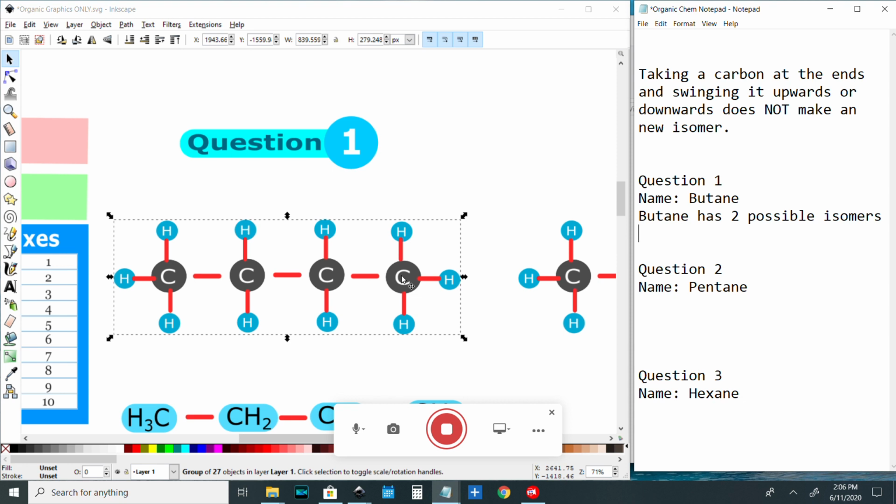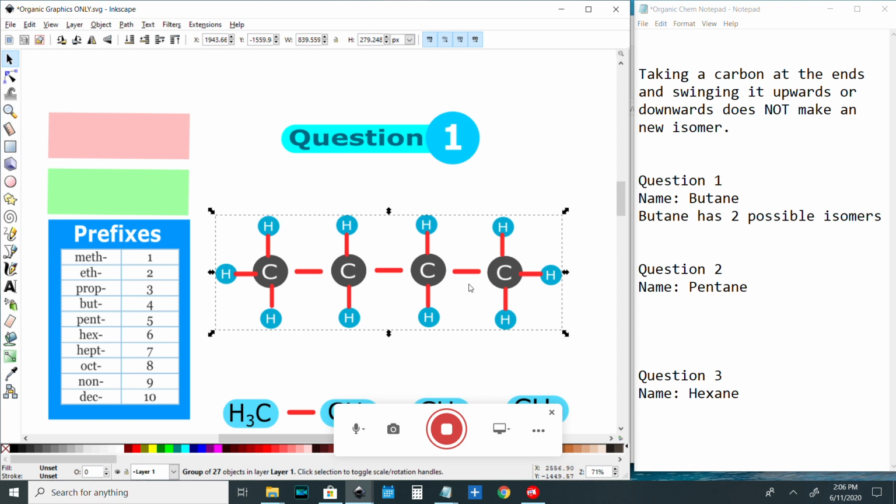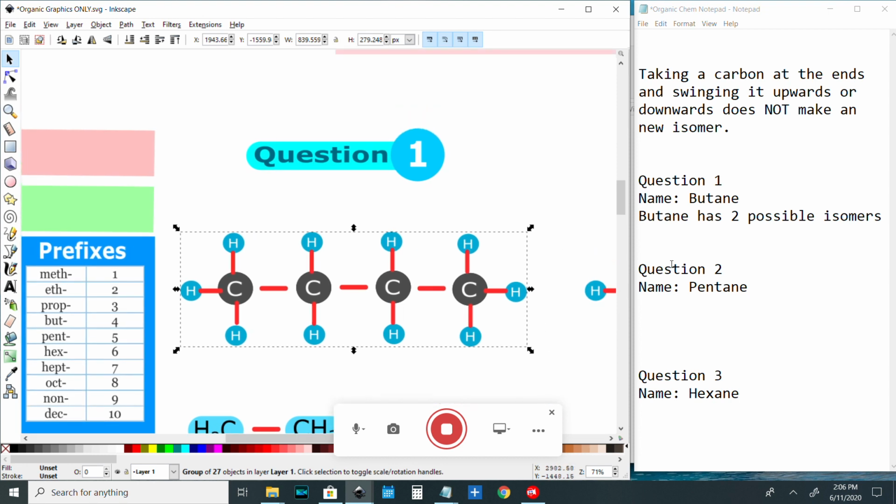So it's a smooth forward walk from the first to the last. And it has how many? 1, 2, 3, 4 carbons, and it only has single bonds, so that means it is an alkane. Because of the 4 carbons, its prefix will be BUT, and all alkanes end with ane. So hence, the name of this alkane is butane.